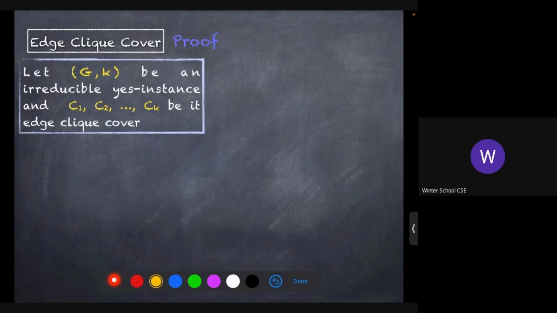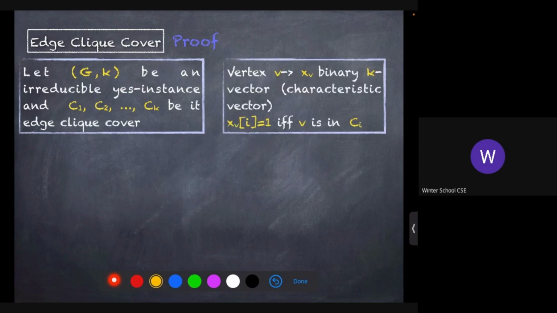But then what is the size of the irreducible yes instance here? Well, let's take a look. Suppose it's a yes instance. So its edges can be covered by at most k clicks.